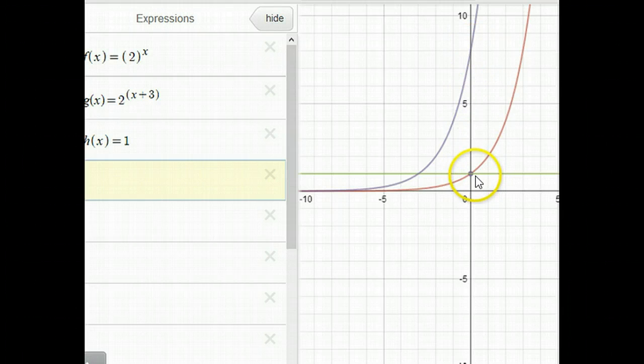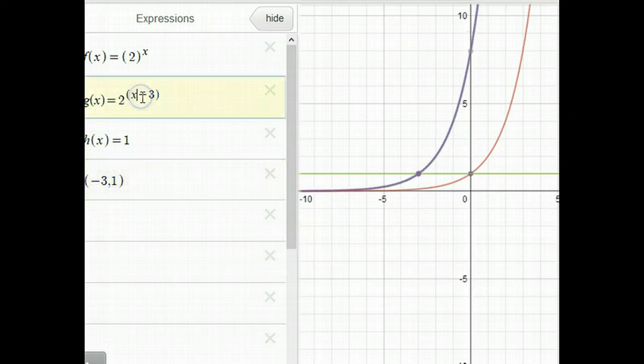But what I want you to take a look at is that my original starting point is 0, 1. And let's see what happens if I move this point over 3 units to the left. So now that point would be negative 3, 1. And look, as you can see, this starting point moves to the left 3 units.